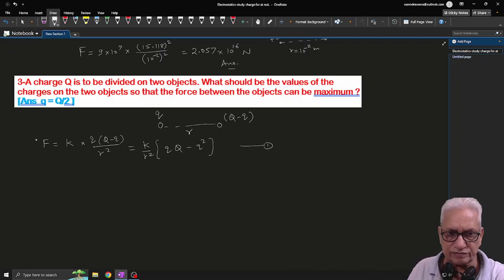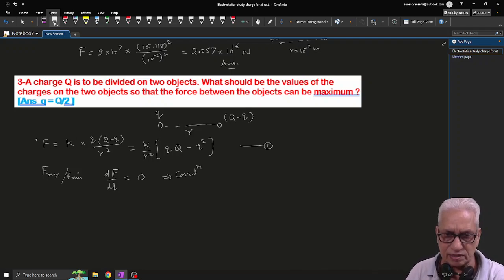This is given by equation 1. Now for maxima and minima, the method to find the maximum force or the minimum force is to find the derivative with respect to the variable. Take the first derivative and put it equal to 0, and it will give you some conditions. There may be more than one condition.